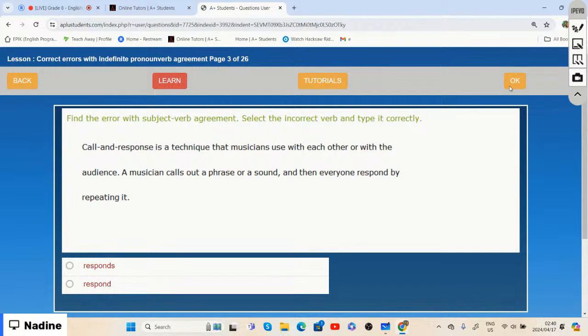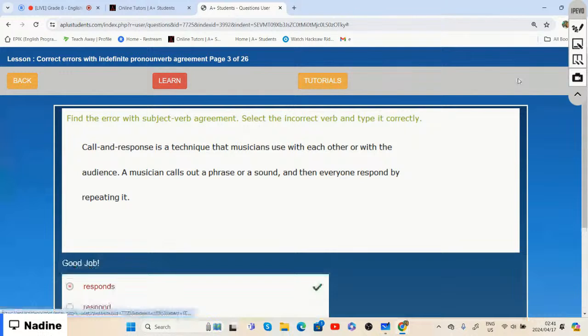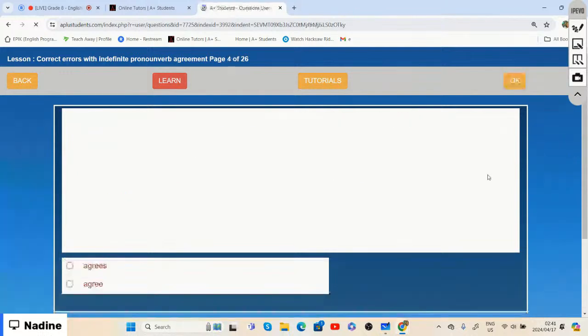Call and response is a technique that musicians use with each other or with audience, right? A musician calls out a phrase or sound, then everyone responds by repeating it. So we can say everyone responds, right, by repeating it. And responds is correct.